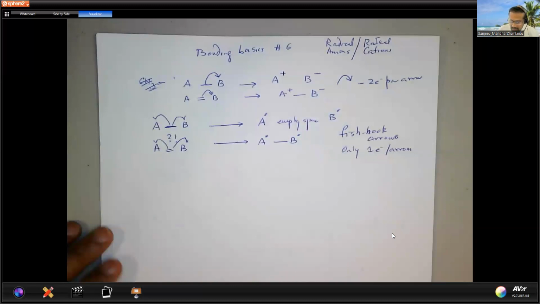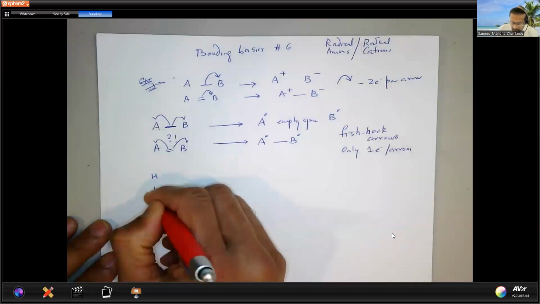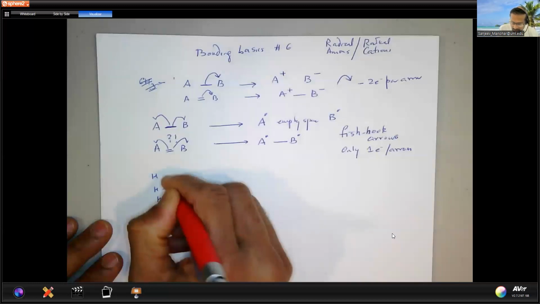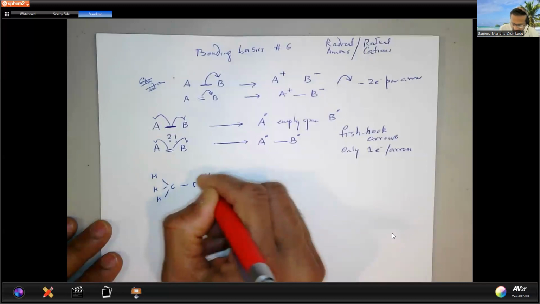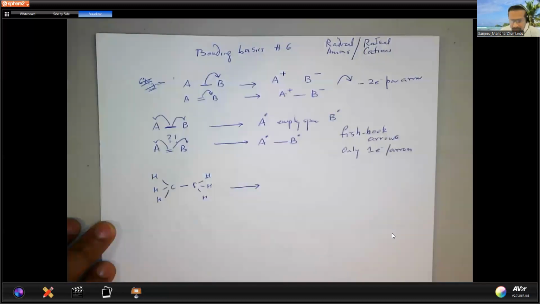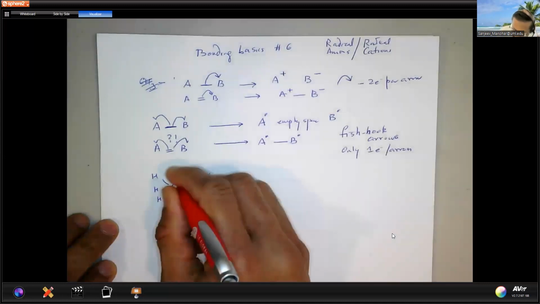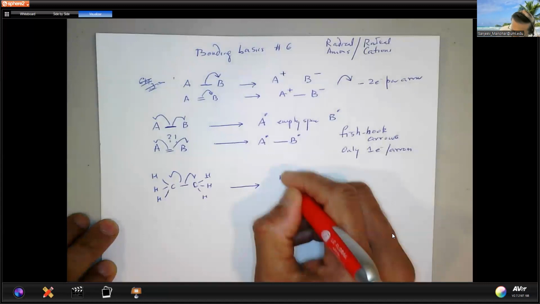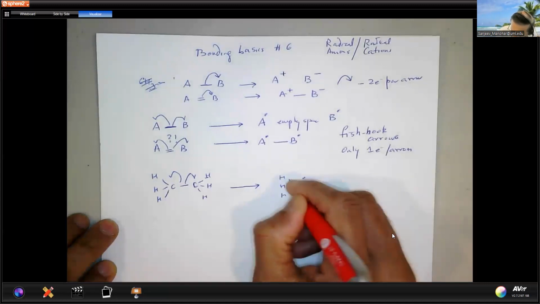So let's look at this. Suppose you have H, H, H, say C, H, H, H, and you did the same thing. You do this one side, what happens? You get H, H, H, dot, right?